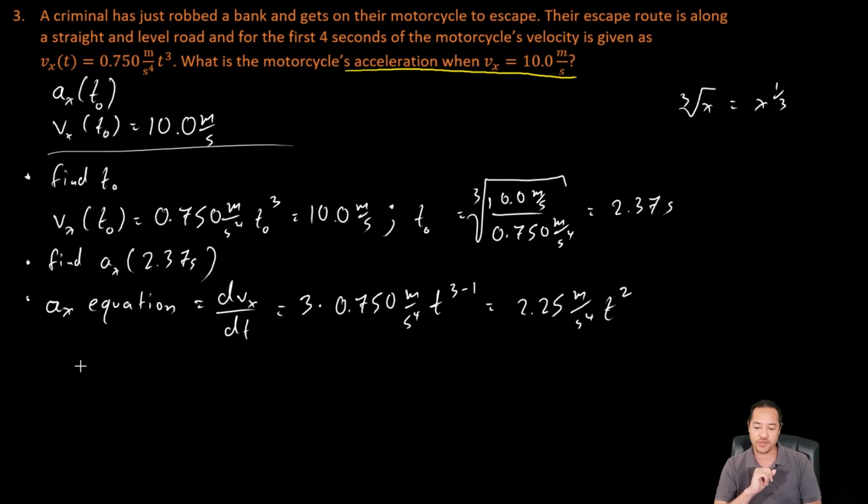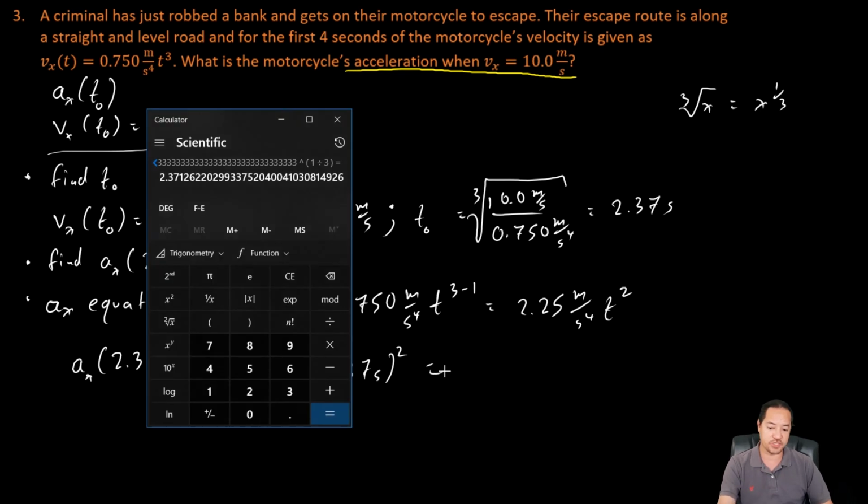So this is our equation for our acceleration. And now we want to solve for t naught, and t naught in this case is 2.37 seconds. So at this time, what is the acceleration? Remember, that is our final goal here. At this time, we're going to have 2.25 meters per second to the fourth power times 2.37 seconds squared.